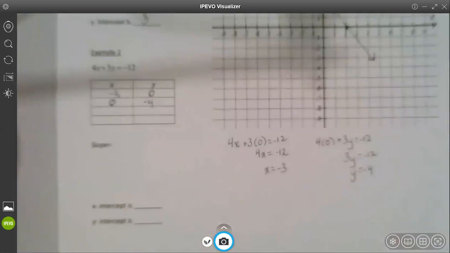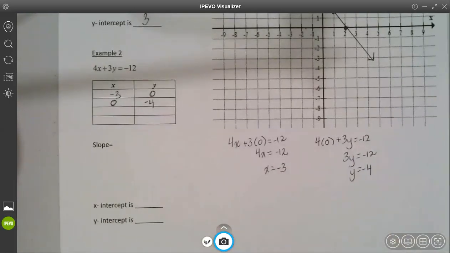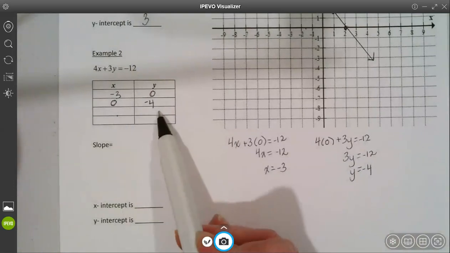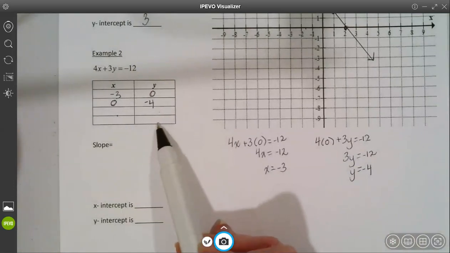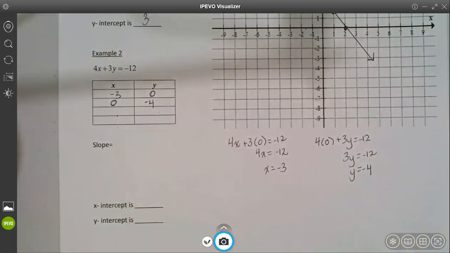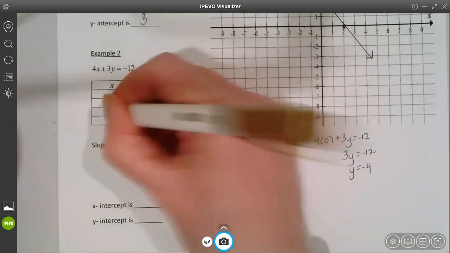Now that we've taken care of the intercepts, we now need to come up with 2 additional points. So again, it is up to you. We're going to ask that you choose one value for x and find its partner y, and then choose a value for y and then find its partner x. So again, pick whatever you want. I'm going to choose x as 1.